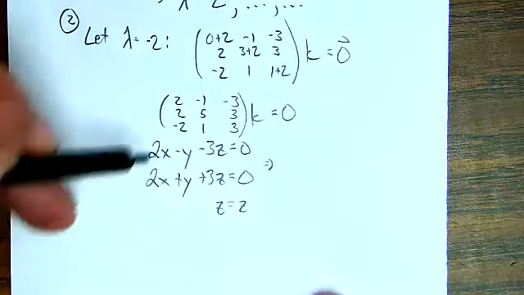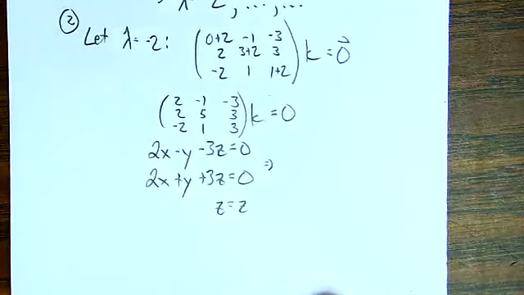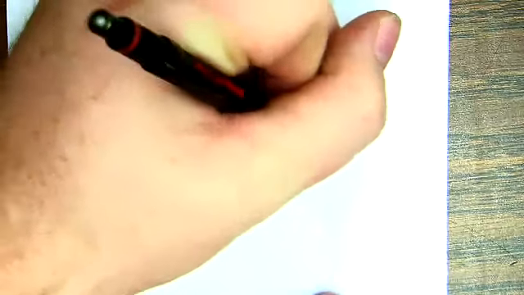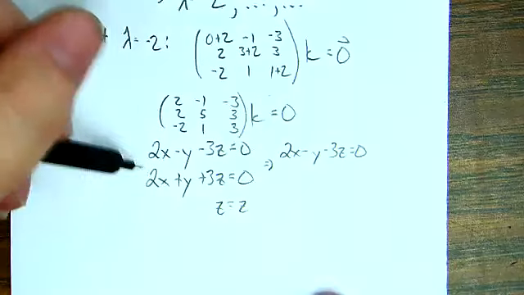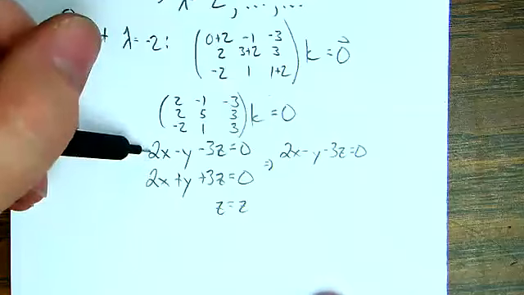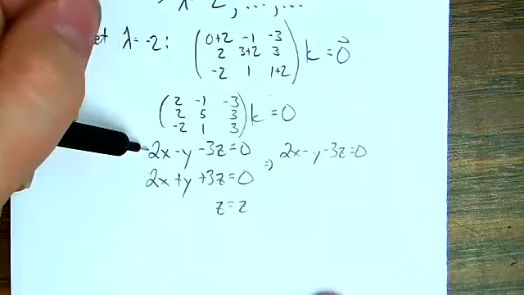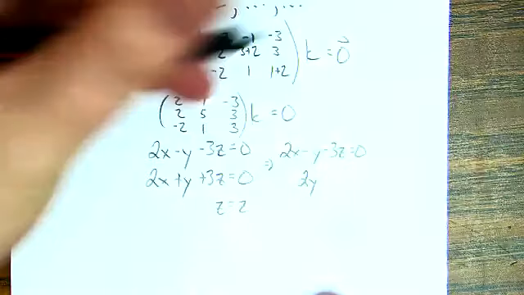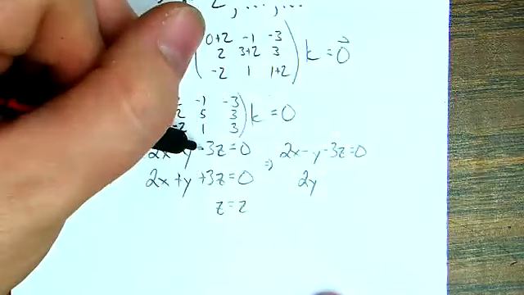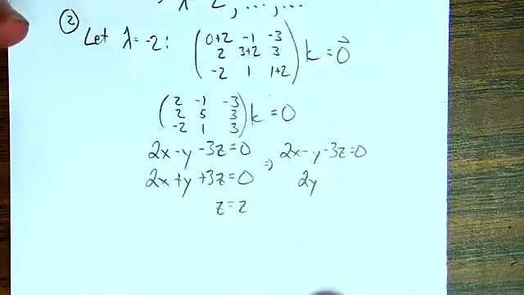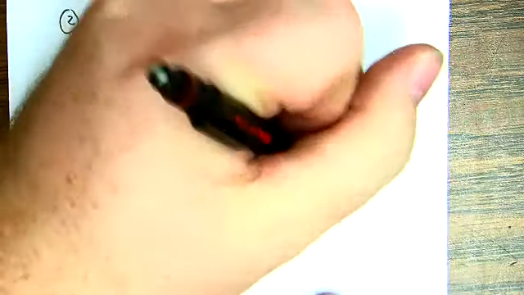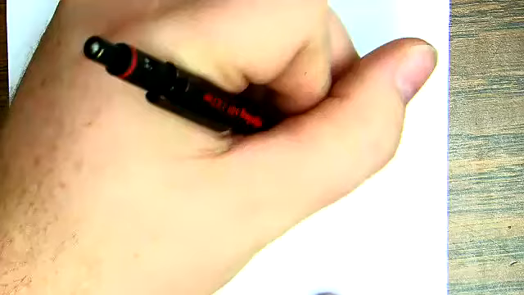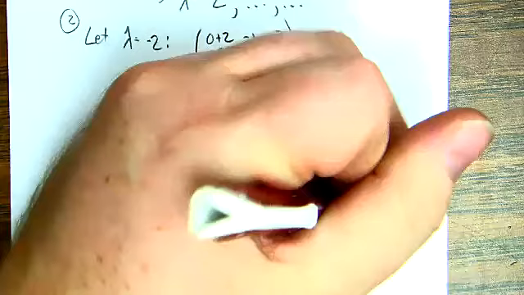Let's clean these up a little bit. I can subtract these two equations. When I subtract the top equation from the second equation, I get 2x minus 2x, that goes away. Y minus -y is 2y, and 3z minus -3z is 6z, and that equals 0. And the only thing I know about z is that it is, of course, equal to itself.